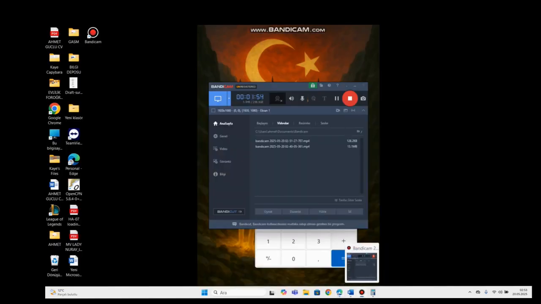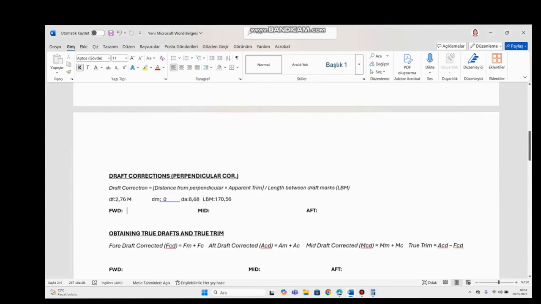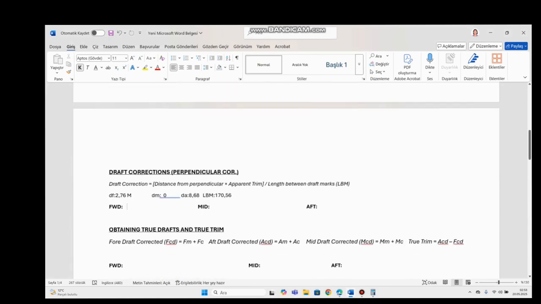Let's calculate this. How will I calculate this correction? Yeah, we found our trim.